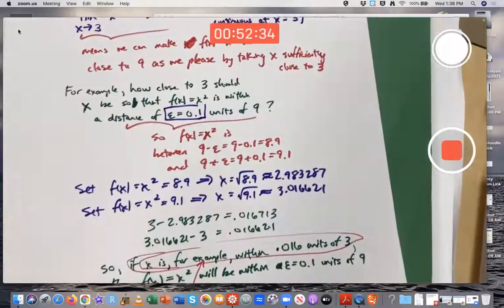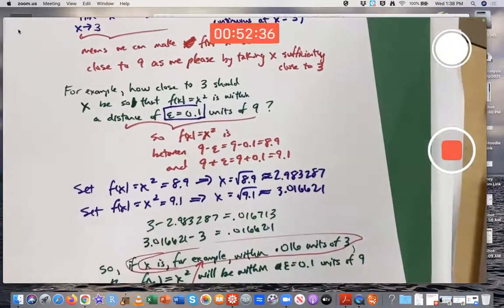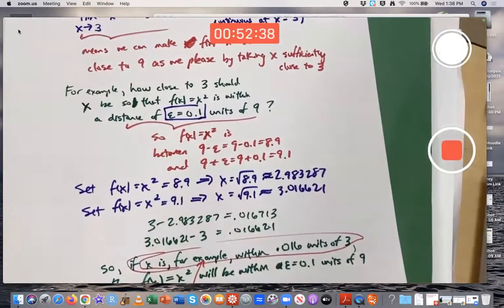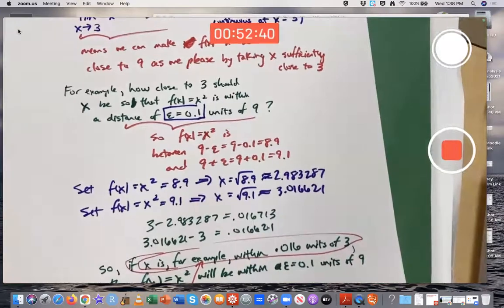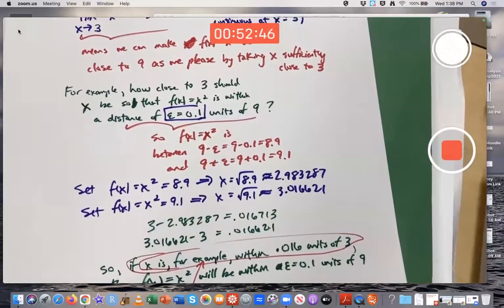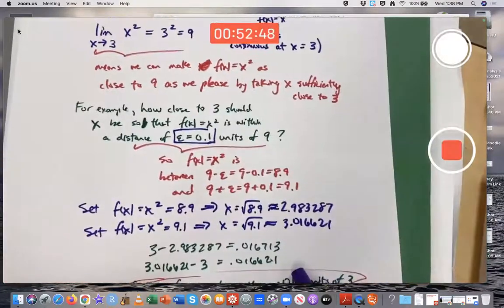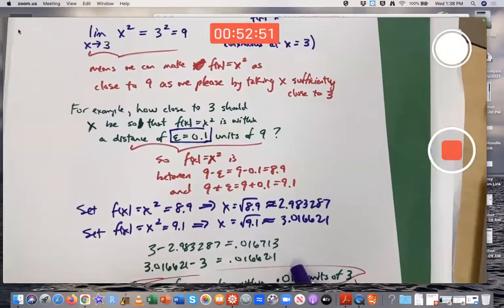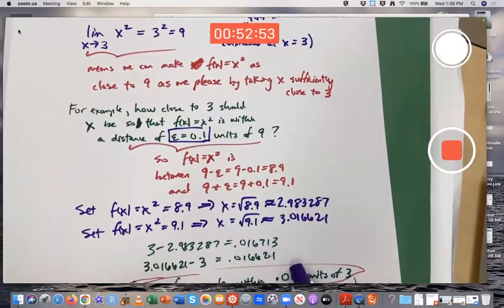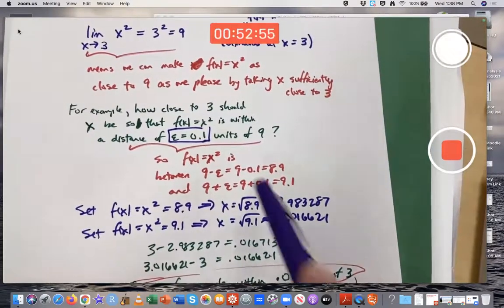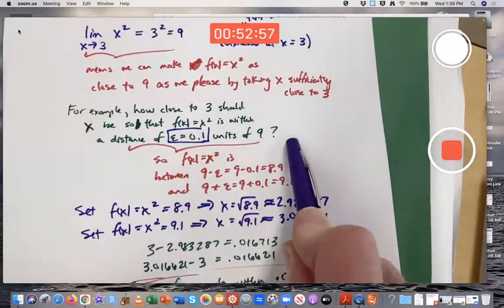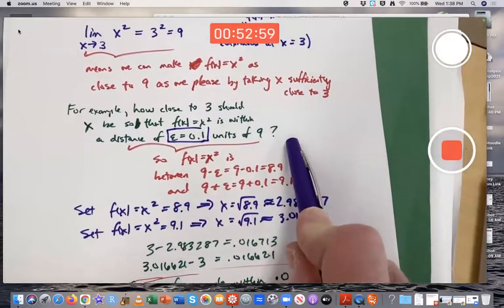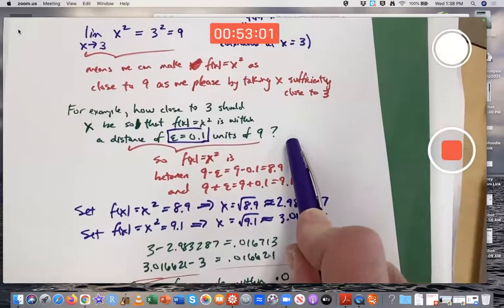I pick 0.1 units away. I could pick 0.01 units away, or 0.001 units away, or 0.0000001 units away, or 10 to the negative million power units away. I will be able to succeed in figuring out how close x needs to be to 3 to make f of x within that far of 9. The fact that the limit truly is 9 means I will always succeed.